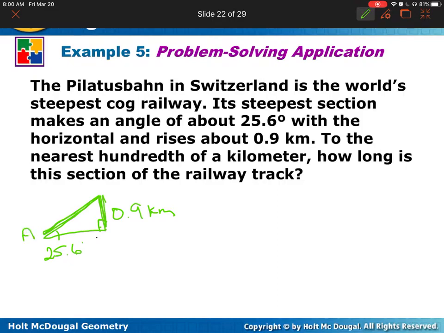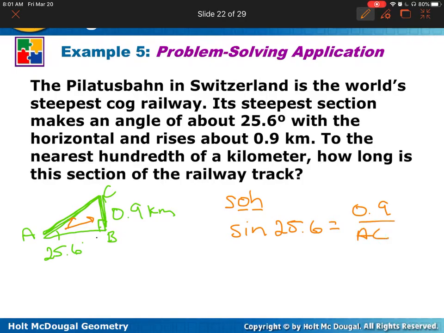Let's just say this is A, B, and C. So it's asking for AC here. I'm going to switch pen colors. So it's asking for AC, and we have our 25.6 degrees here. So this is our opposite over our hypotenuse. So hopefully you remember, sine is opposite over hypotenuse, equals 0.9 over AC. Again, we're just going to switch those because we're going to multiply both sides and then divide.